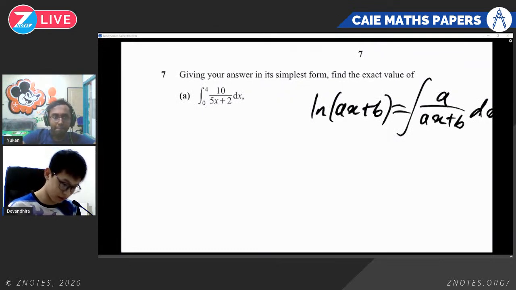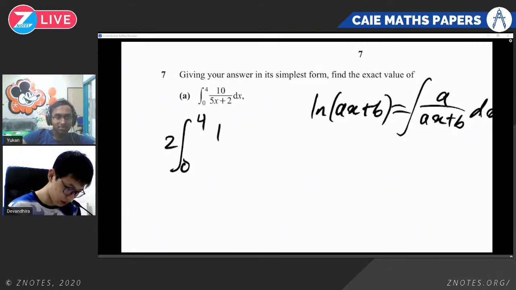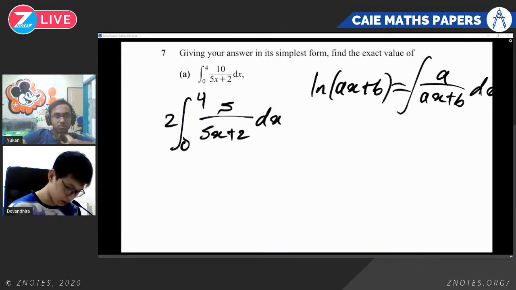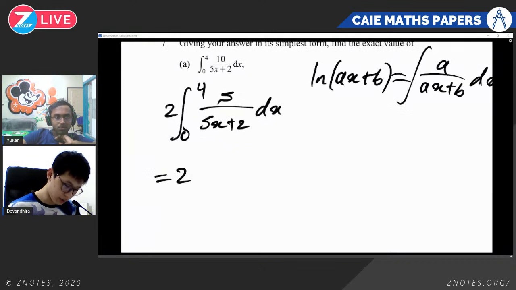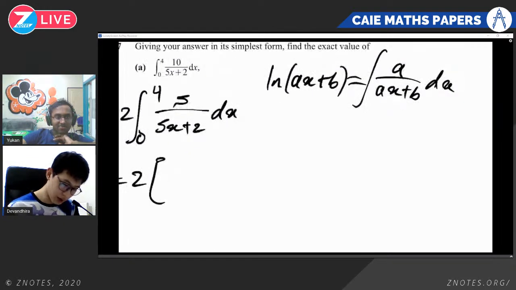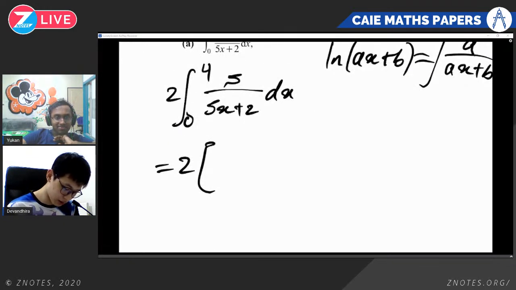Yep. That means we have to make our numerator as 5. But how can you do that? 10 is just 5 times 2, so you can factor 2 out. Exactly. So we have 2 times the integral from 0 to 4 of 5 over 5x plus 2 dx. Sorry about the notifications. And that is equal to, as I said before, we can integrate this directly.